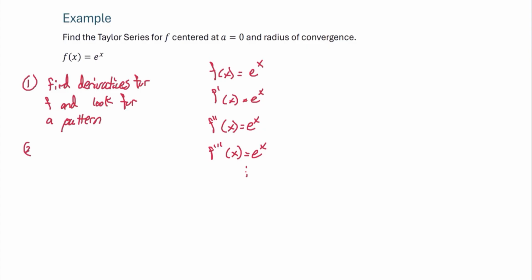Step 2 is we want to plug in the a value, which in this case is just 0. So f of 0, we get e to the 0, which is simply 1. Then f prime evaluated at 0 is again 1.